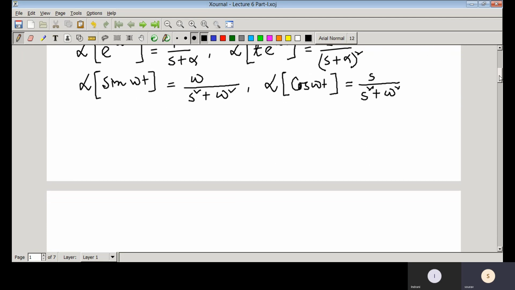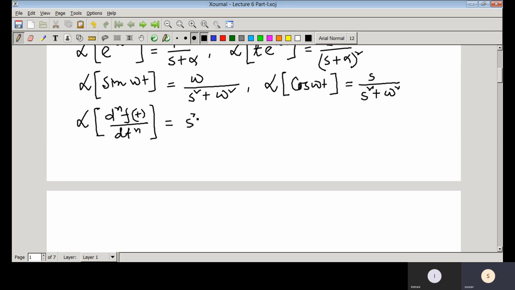Now, throughout this course we will be handling dynamical systems, and dynamical systems are modeled using differential equations. So all through the course we will be taking the Laplace transform of the derivative operator. What would be the Laplace transform of the nth order derivative of a function f(t), d^n f(t) by dt^n?